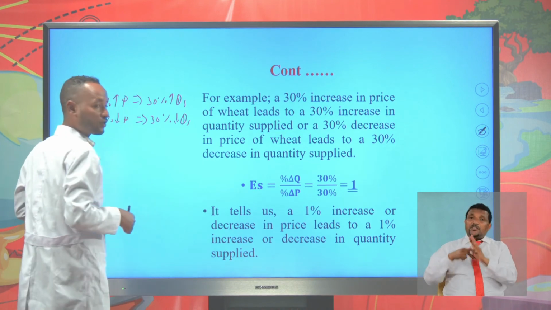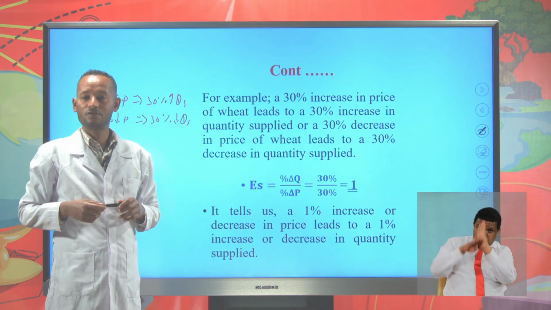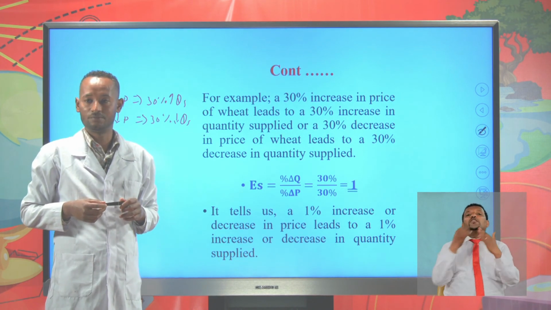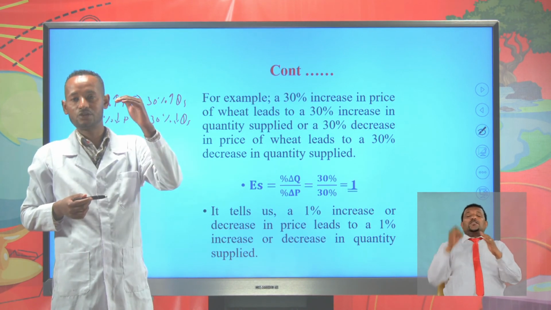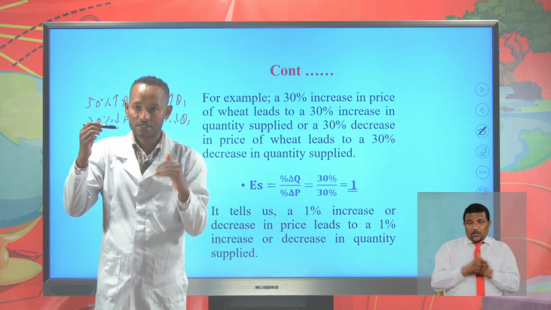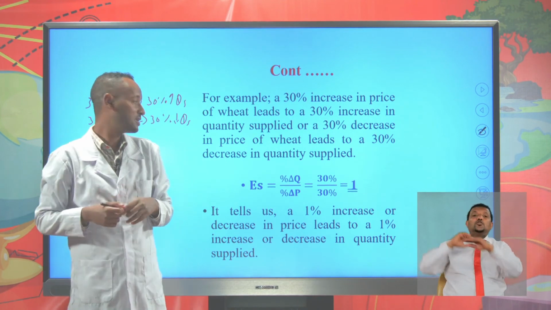That means there is a proportional change between the change in price and the change in quantity supplied. This tells us a 1% increase or decrease in the price of a commodity leads to a 1% increase or decrease in quantity supplied. A 1% increase in price leads to a 1% increase in quantity supplied, and a 1% decline in price leads to a 1% decline in quantity supplied.